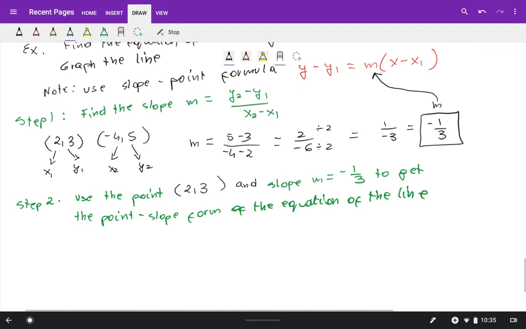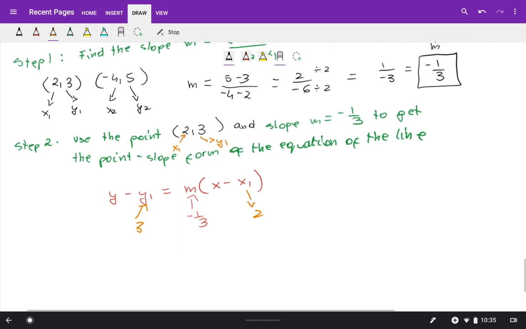Okay, so (2, 3), right? We already labeled that. We know that 2 is x1, and we know that 3 is our y1. So the point-slope formula, let me rewrite that again: y minus y1 equals m times x minus x1. m we're going to substitute with the slope, which is negative 1 over 3. x1 we substitute with 2, the x-coordinate of the first point. y1 we substitute with 3.